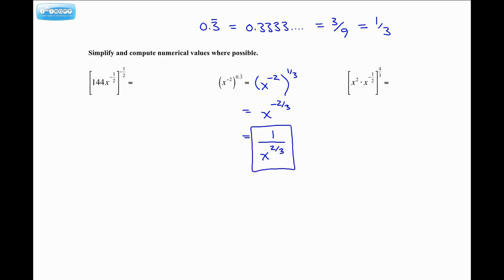A common mistake that I see is kids will take this repeating decimal and they'll just pretend that that little sign is not there, and they'll assume this. Please don't do that, because this, I've shown you, is 3/9.